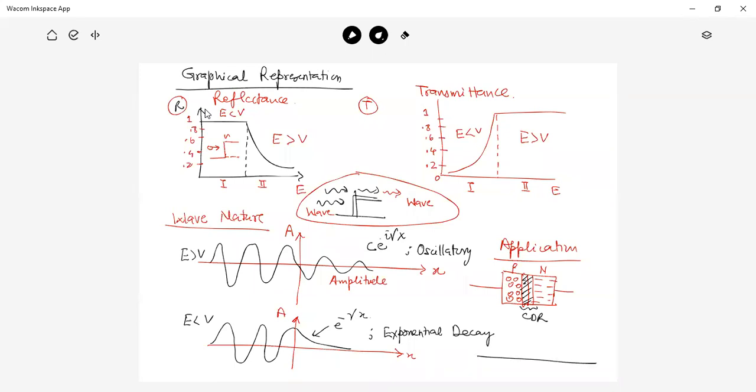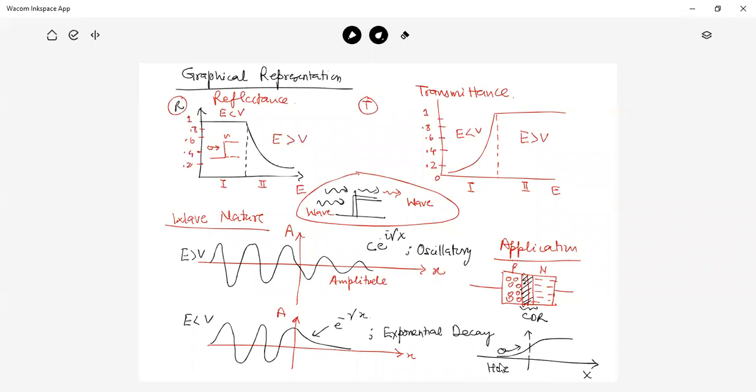So for this, a kind of potential is developed for the hole. The hole has to move in the x direction, and this potential is there. So the application is the p-n junction.